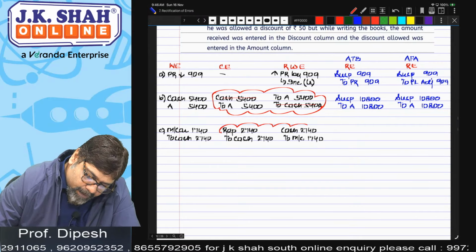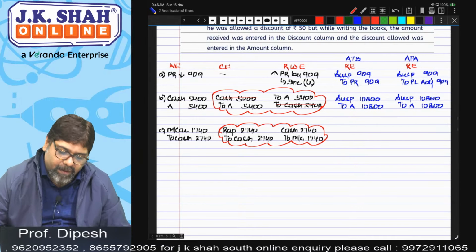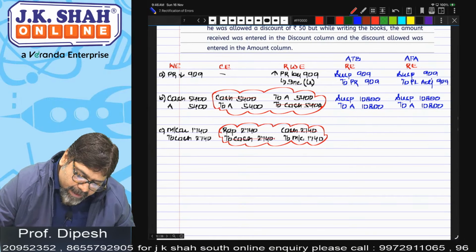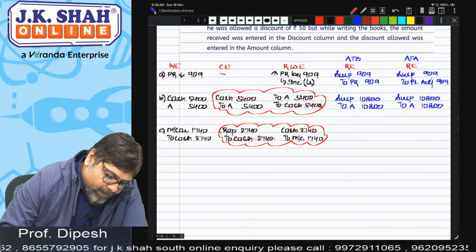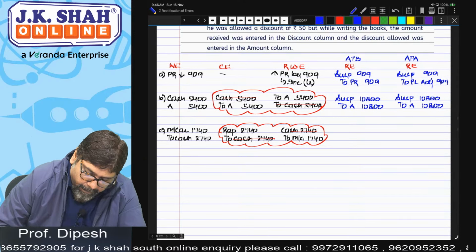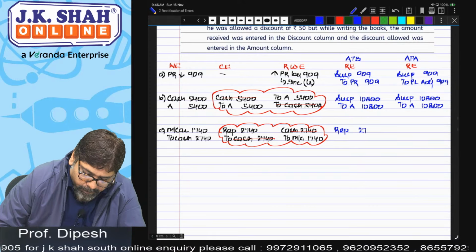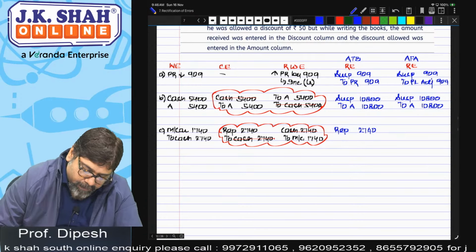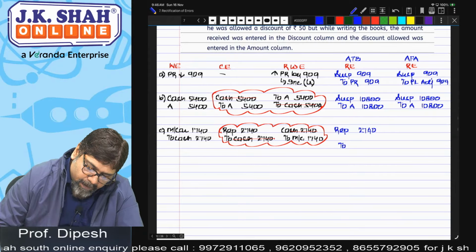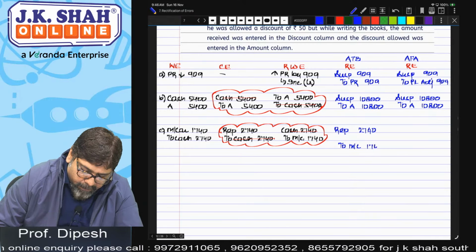Now combine these two entries, the correct entry and the reverse of wrong entry. Cash cancels. Repairs debit 2,740 to motor car 1,740.